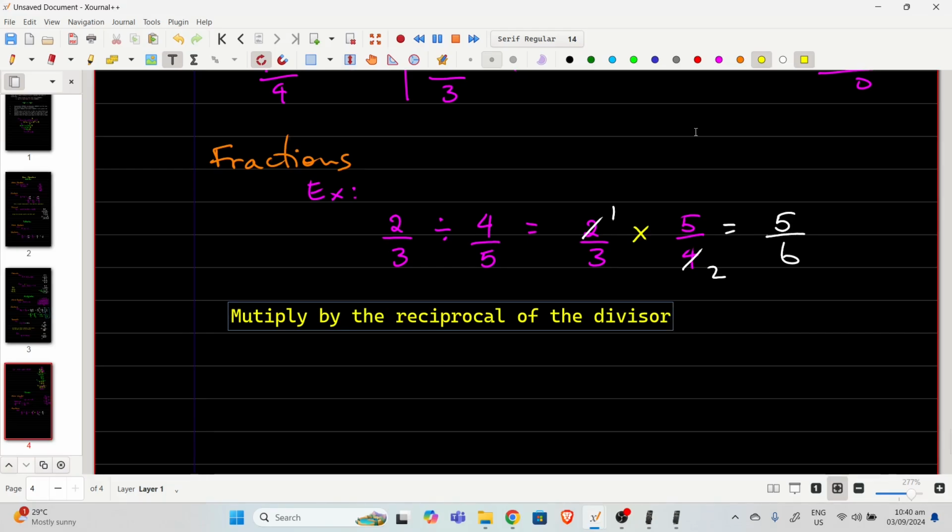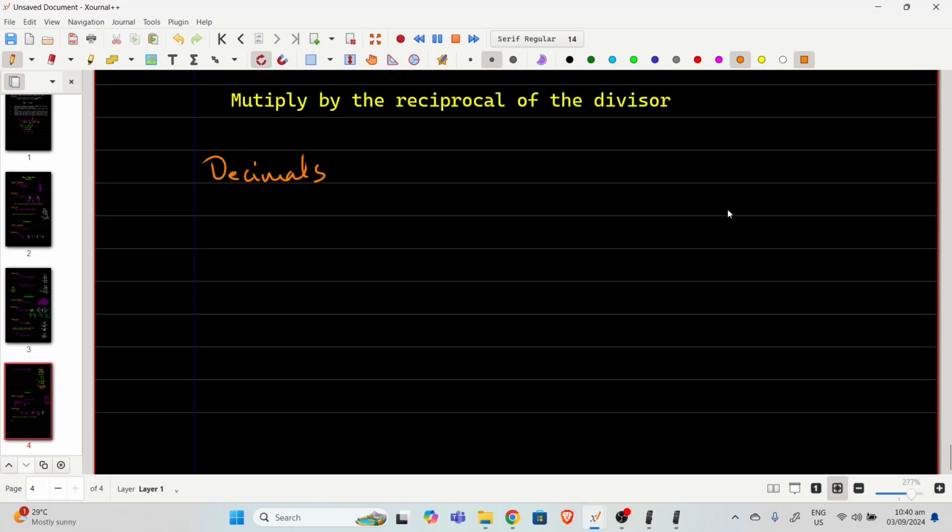Next, let's go to the last one, which is the decimals. Let's say the example is 6.4 divided by 2. Usually what I like to do is write this over as a fraction.